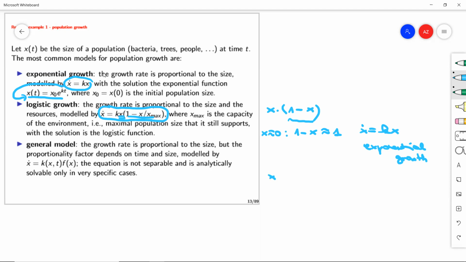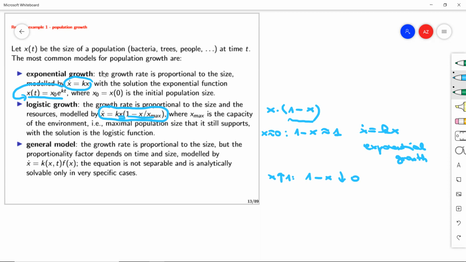But then x increases, and as x increases, 1 minus x decreases, and it goes to 0. And so this second factor has an impact on the rate of change. So the rate of change is decreasing.